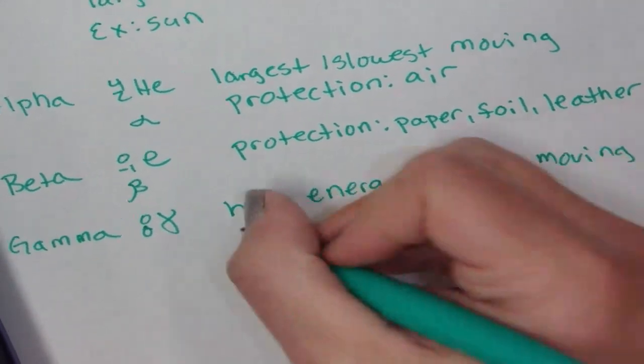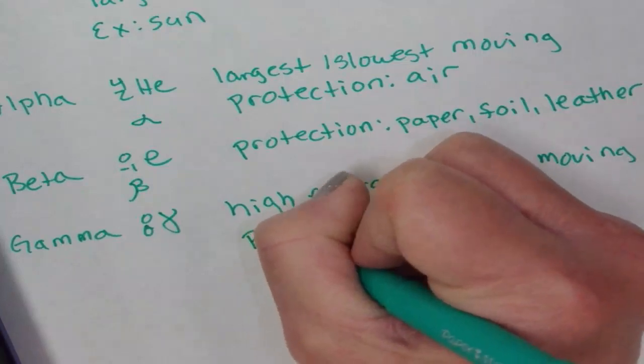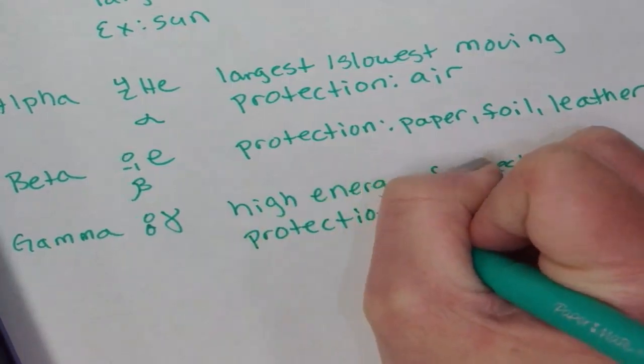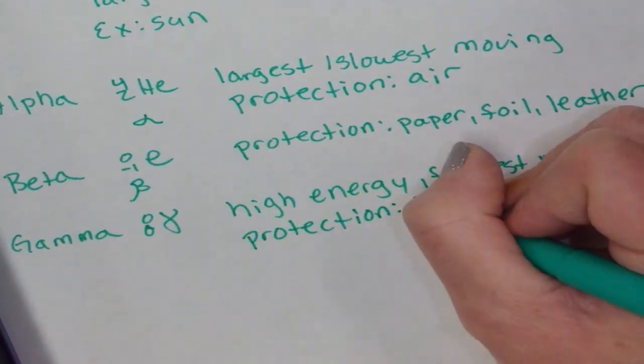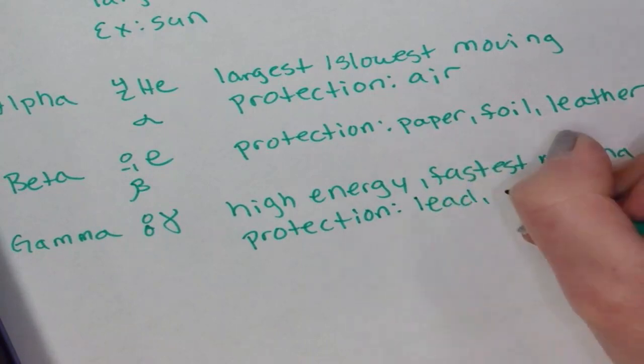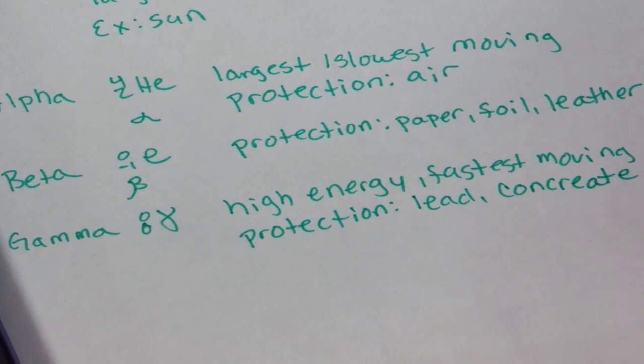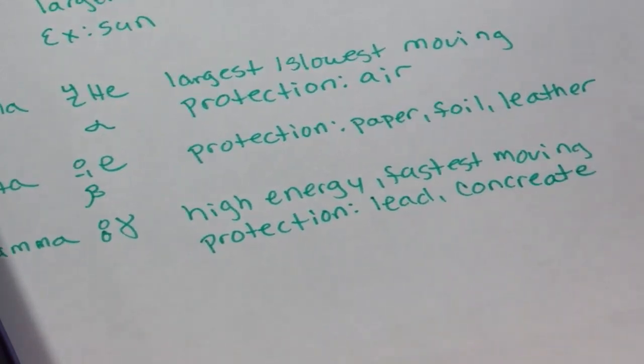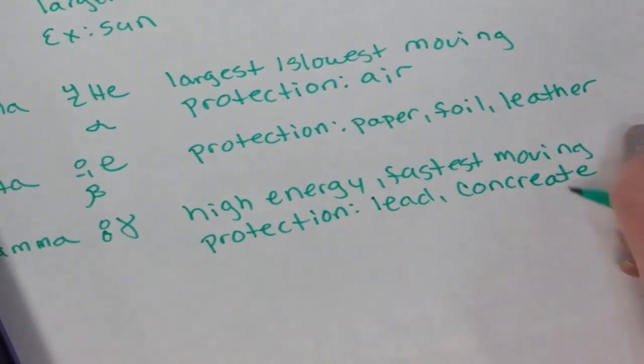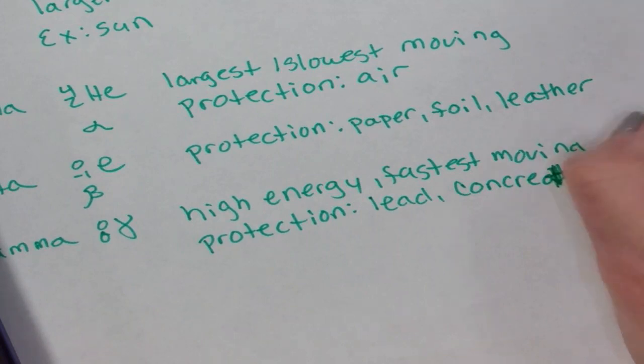So the protection for a gamma particle is going to be lead and also concrete. Concrete can protect us as well. And I spelled concrete wrong. Concrete, okay, that says concrete.